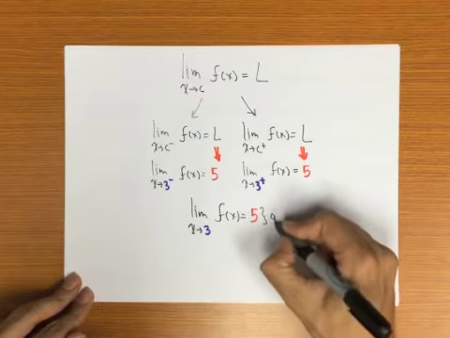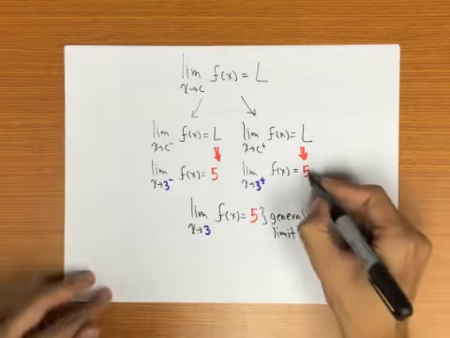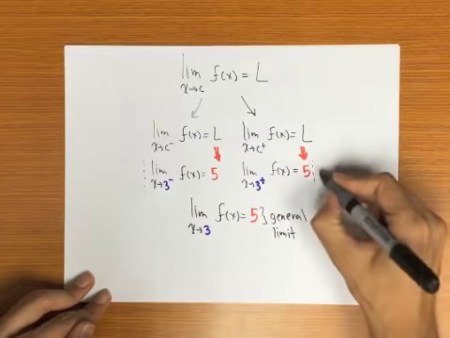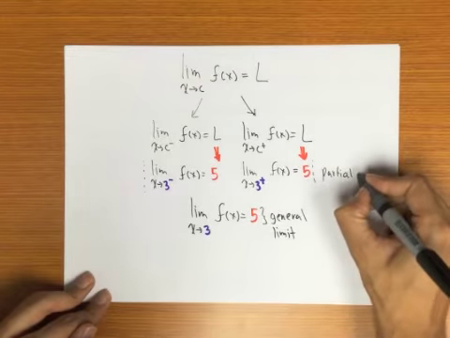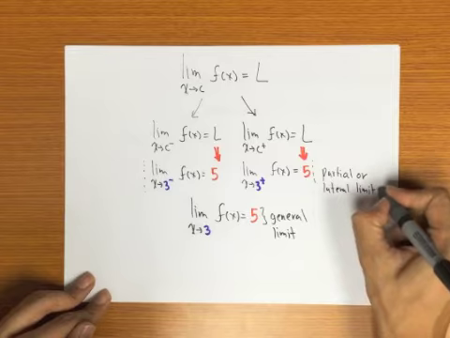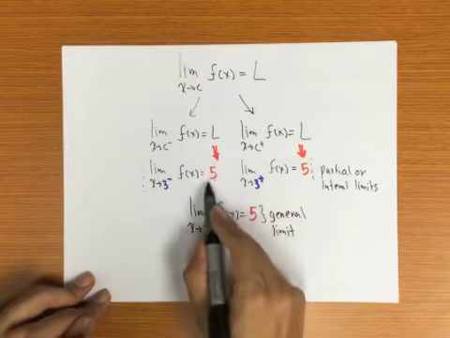This thing is called general limit, and these things here are called partial or lateral limits.